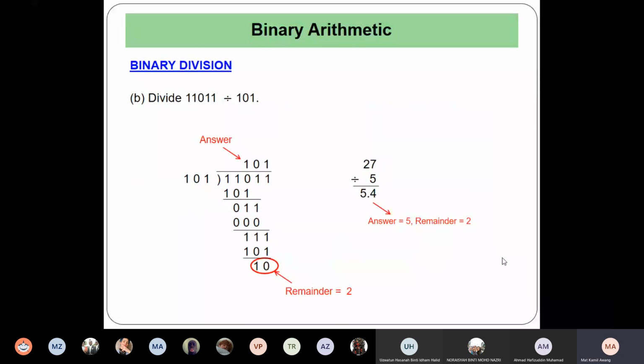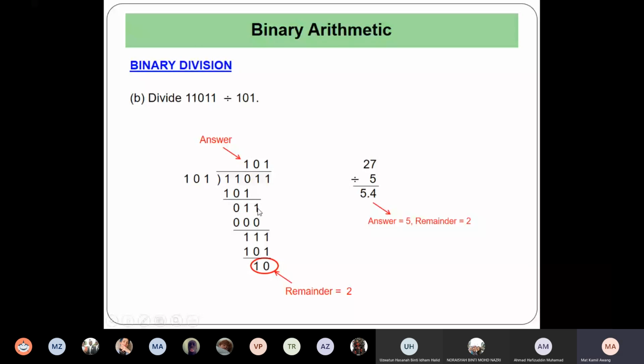Now let's say you want to divide 11011 by 101. So you set up this division. 110 divided by 101, you get 1. 110 minus 101, so the remaining is 0, 1.